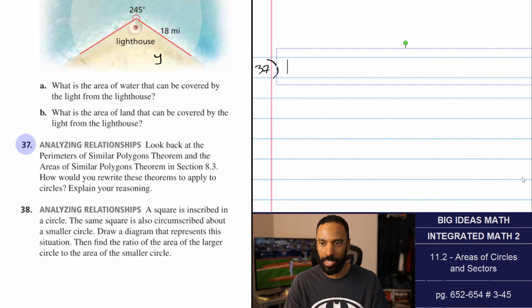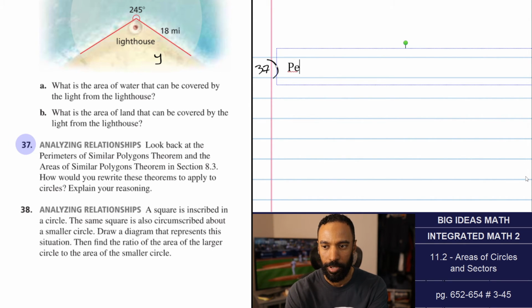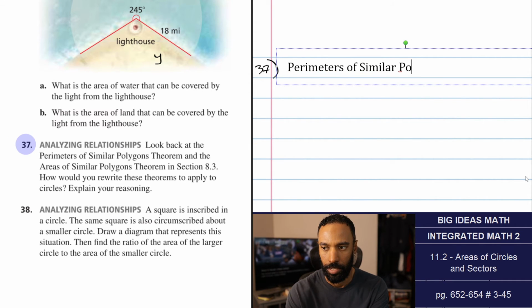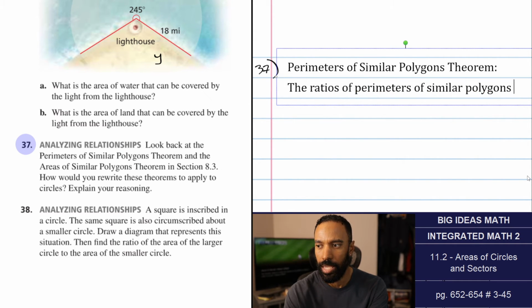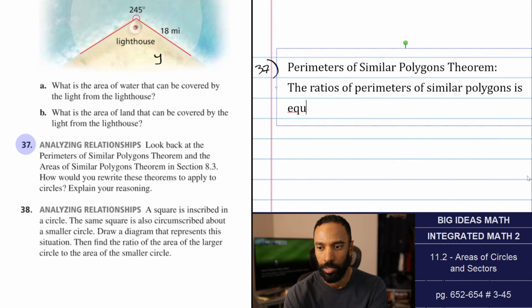Well, the theorems, the idea is that the ratios, let me just write this, perimeters of similar polygons theorem would basically state that, I'm just doing this off the top of my head, the ratios of perimeters of similar polygons is equal to the similarity ratio, or the ratios of sides, of the two polygons.